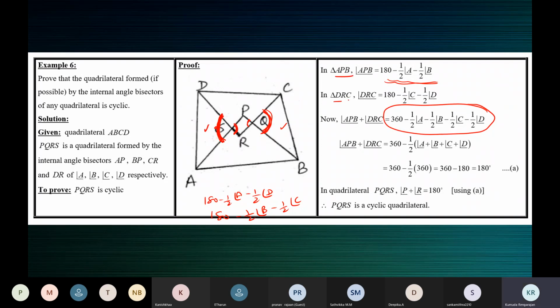When you use these triangles, you can find the opposite angle straight away. If you use the other two triangles, you will have to find these two angles and then say vertically opposite angles are equal and get them inside.